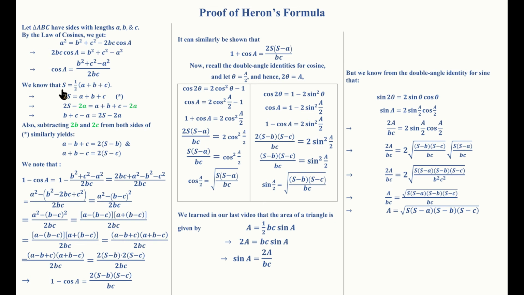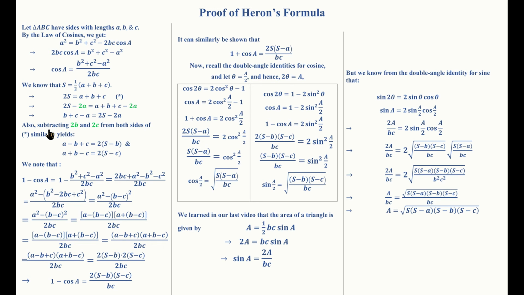We know that s, which is the semi-perimeter, is 1/2 of a plus b plus c. So if we multiply both sides by 2, we end up with 2s equals a plus b plus c. Now if we subtract 2a from both sides, we'll end up with b plus c minus a equals 2s minus 2a.